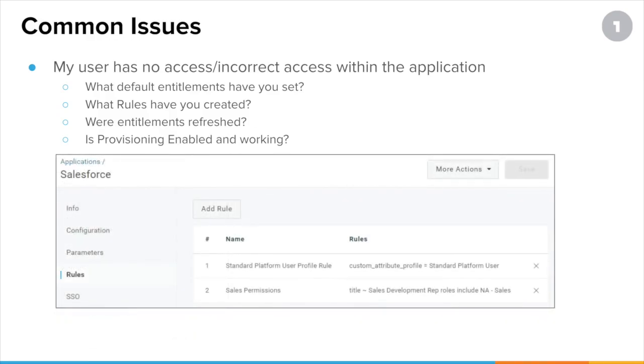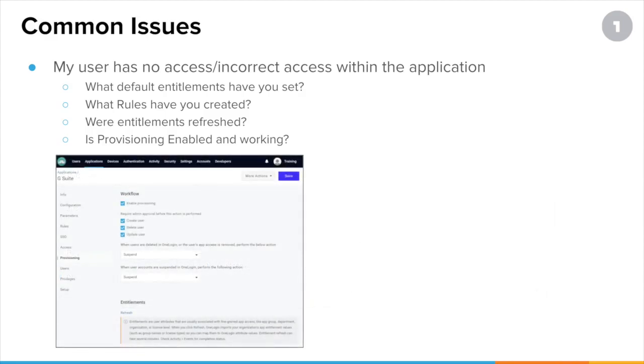Do we have any sort of rules that that user might or might not match that are behaving not quite as we expected? Do we actually have an updated list of some of those values that we can assign to them from the application? This is this little refresh entitlement step.